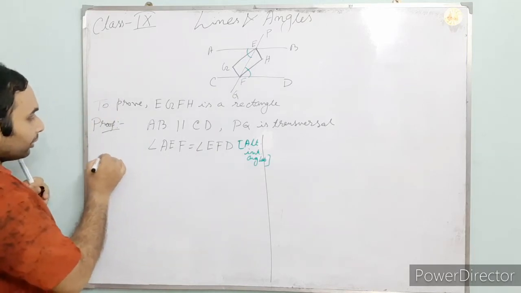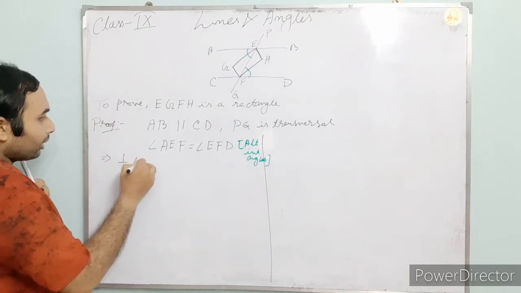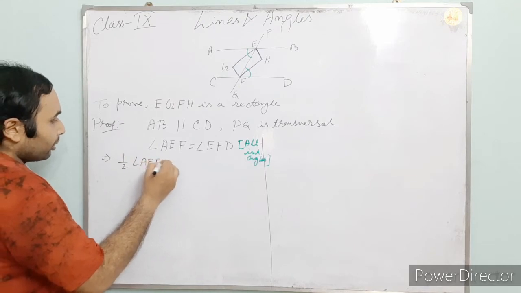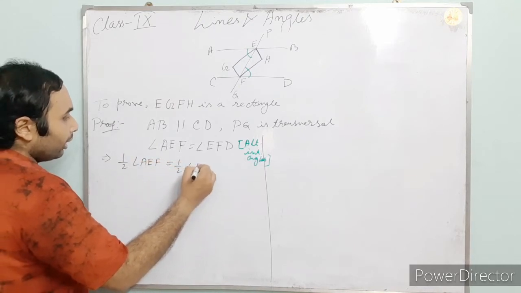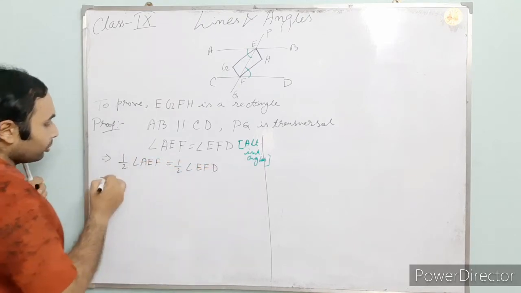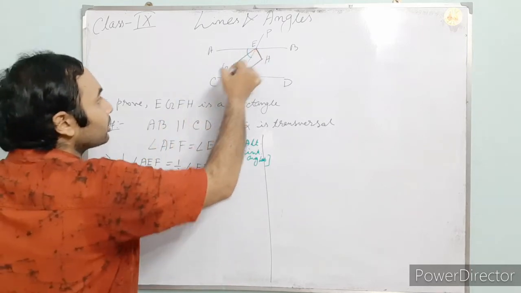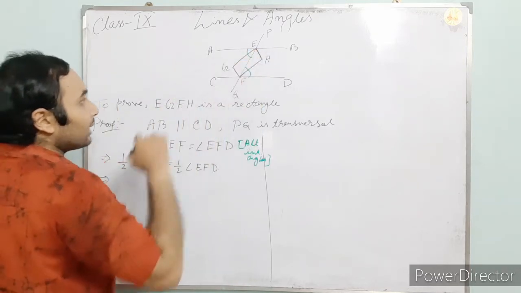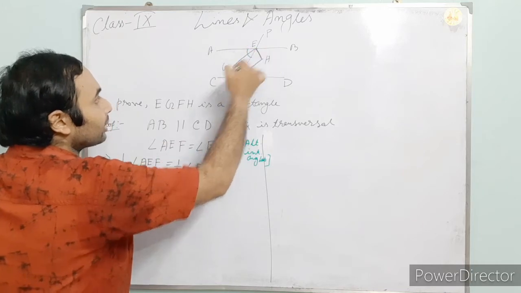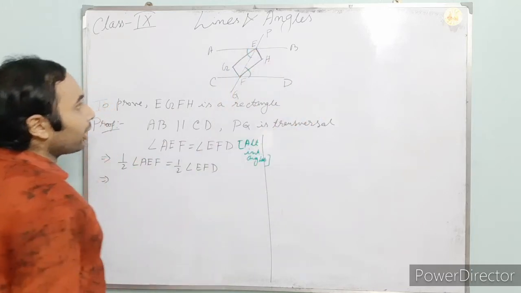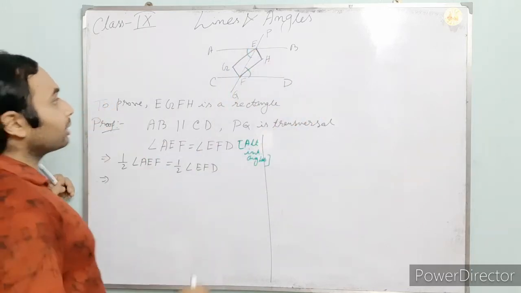So obviously if we multiply by half on both sides, angle AEF equals half of angle EFD. Then what are we getting? Those are the angular bisectors. GE is the bisector of this angle, and those are the angular bisectors. It is given in the statement.